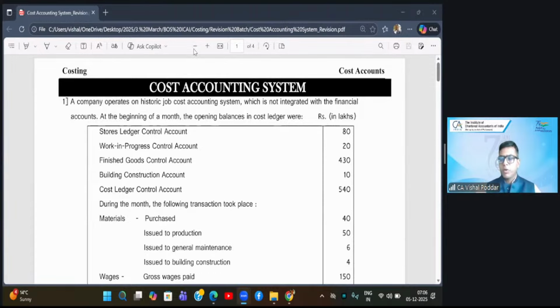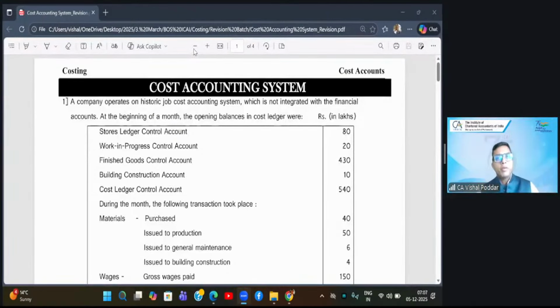So how you have your accounting standards, we also have our cost accounting standards, which provide for the manner of doing cost accounting, passing various entries, giving treatment to certain specific items.